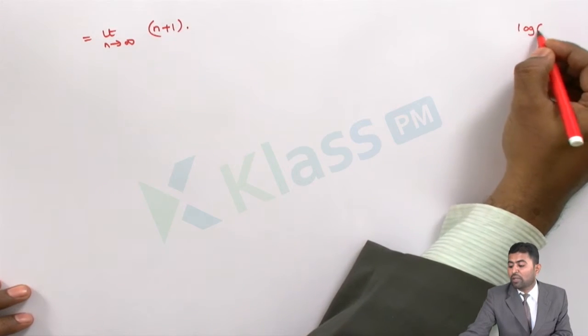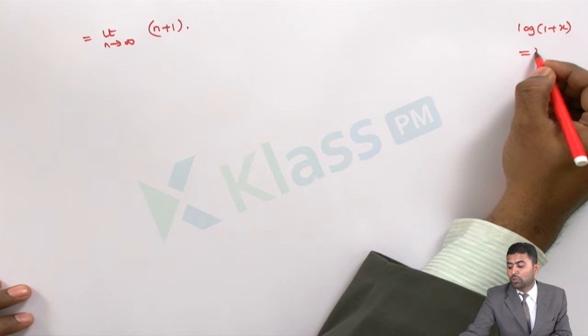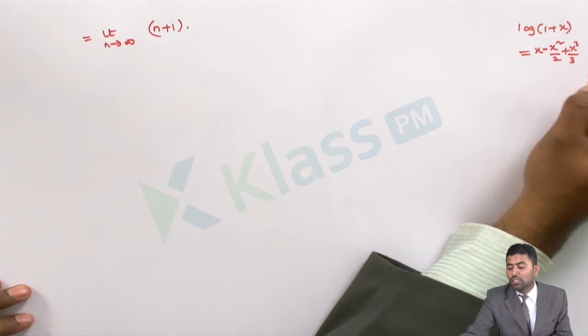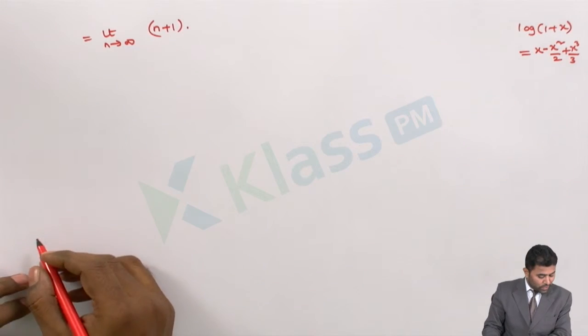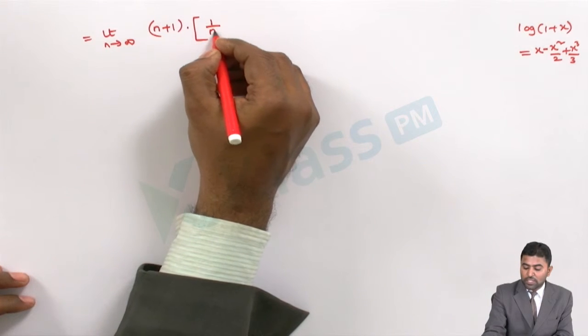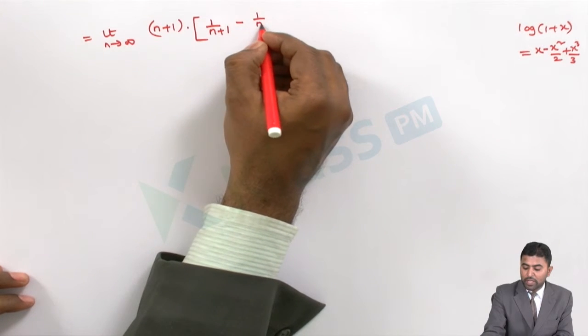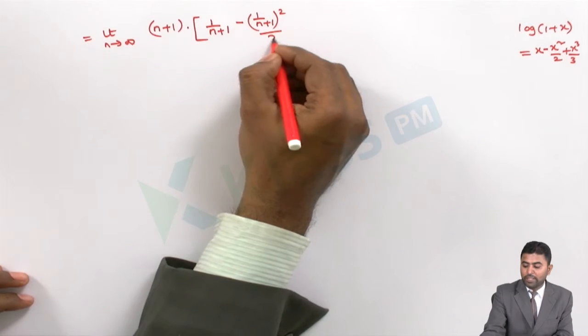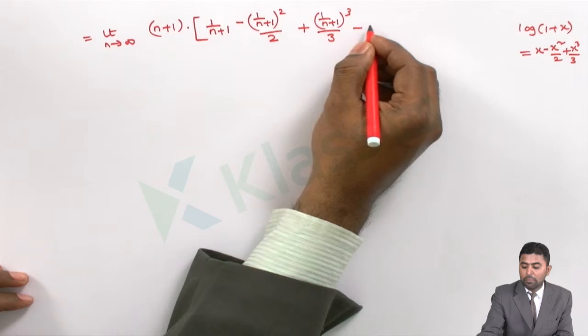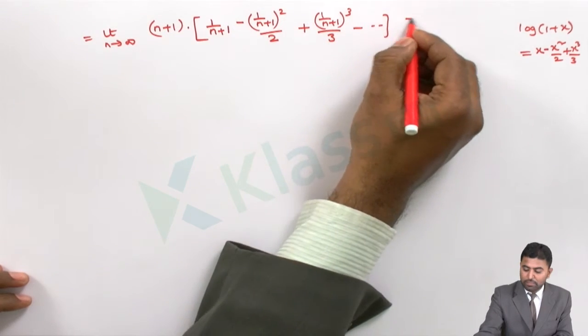okay, we know that log of 1 plus x is equal to x minus x square by 2 plus x cube by 3 minus and so on. So we can write this as 1 by n plus 1 minus 1 by n plus 1 whole square by 2 plus 1 by n plus 1 whole cube by 3 minus and so on, then minus 1.